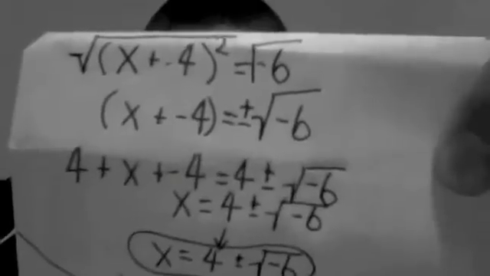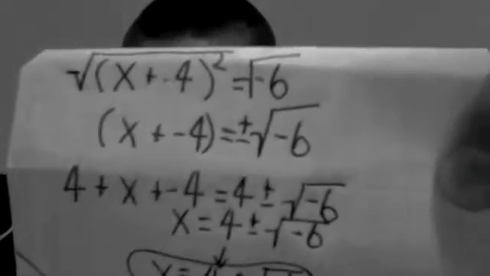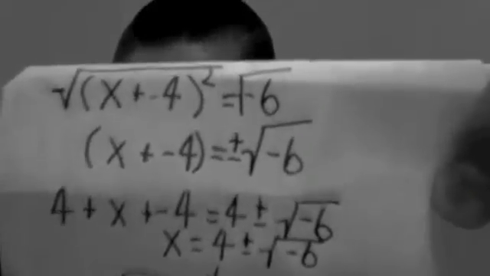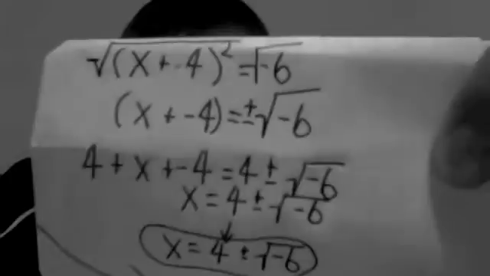And when we do that, we come out with x equals 4 plus or minus the square root of negative 6. And that is our solution for that equation. Again, it is x equals 4 plus or minus the square root of negative 6. So, there you go. I just taught you the method of completing the square.